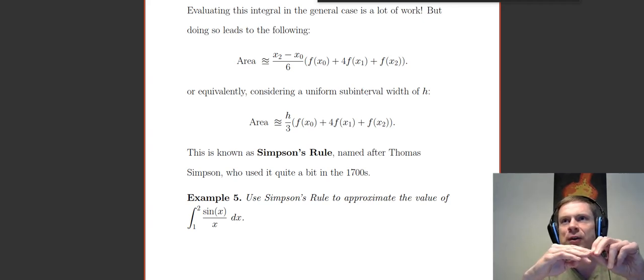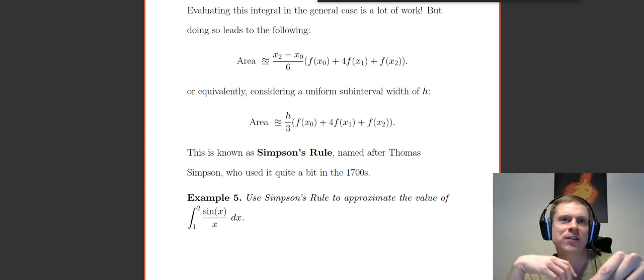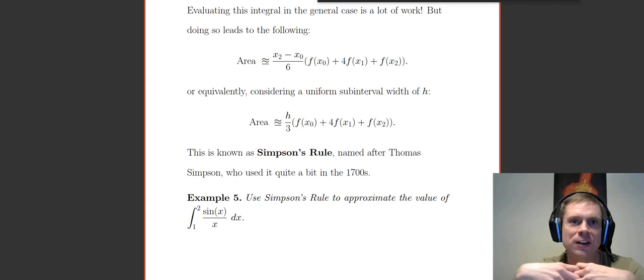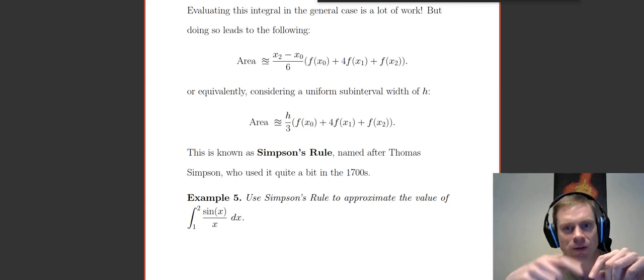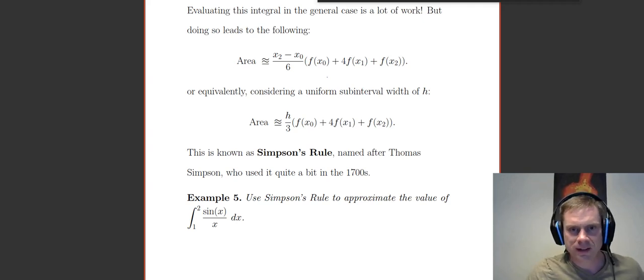And so that quantity is equal to h, and if you do a little bit of arithmetic, you can express it in terms of the h instead, which is what we're typically going to do, right? You instead get h over 3 times that same quantity. So this is the formula that I want you to know, this one right here, okay?